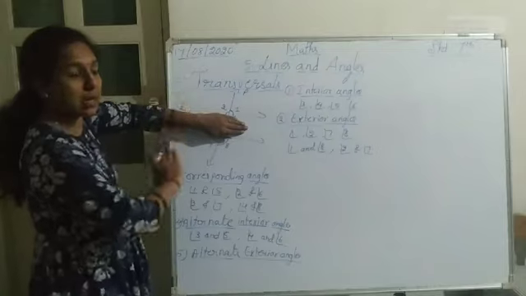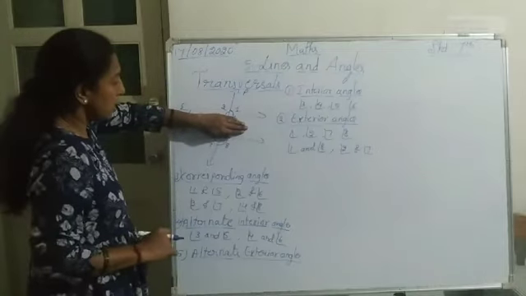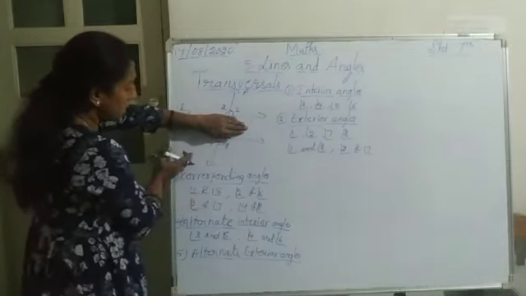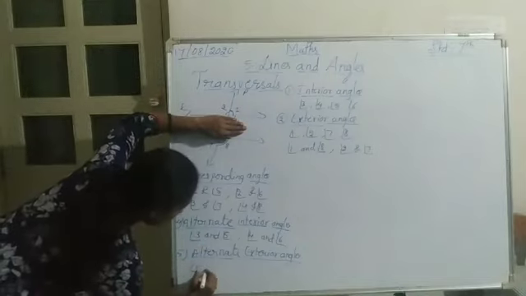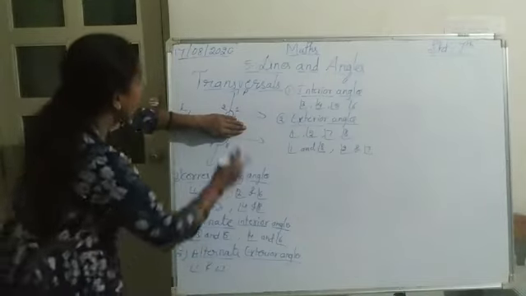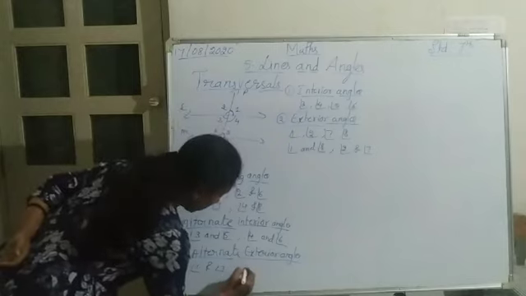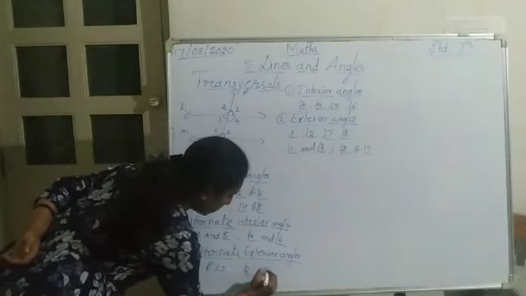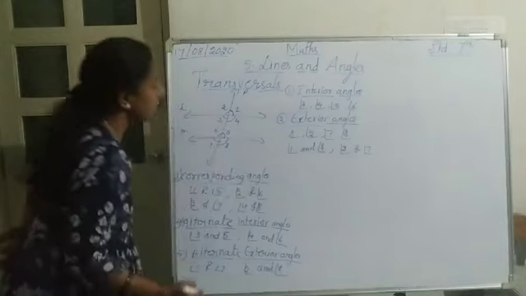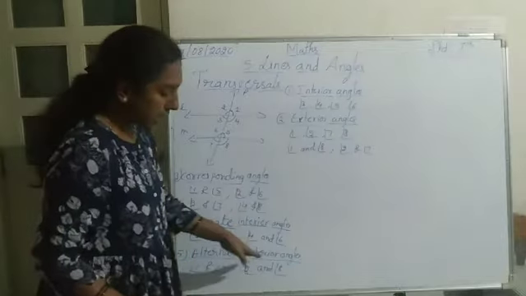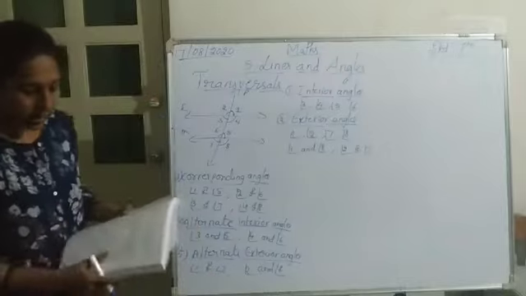Alternate means on the other side of the transversal. So here, angle 1 and angle 7, and angle 2 and angle 8. So these are the alternate exterior angles.